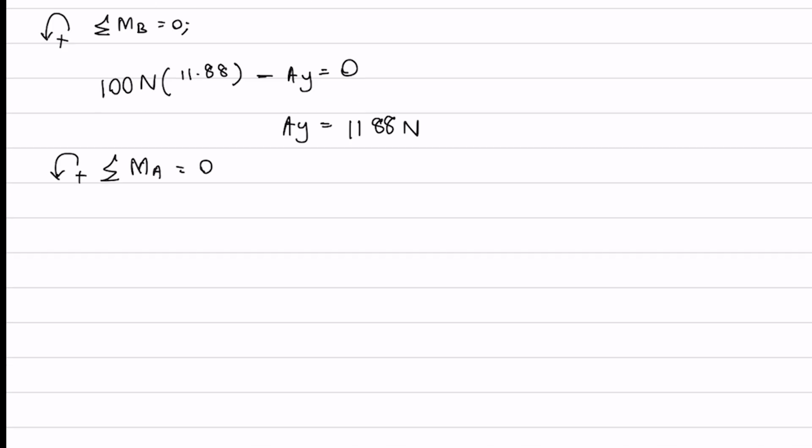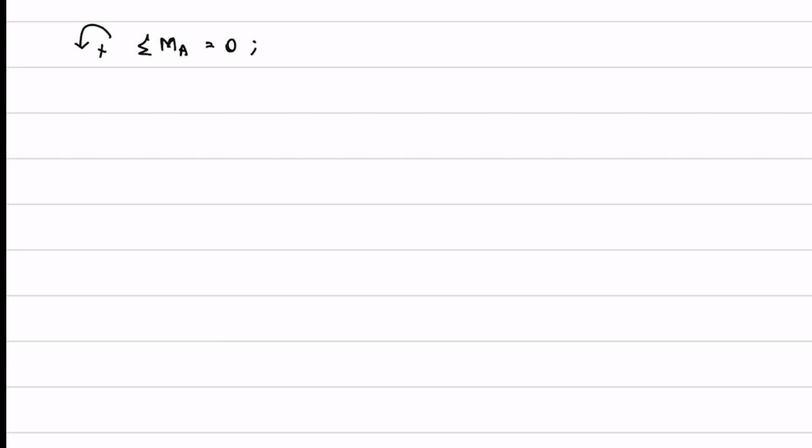100 Newton times 13.76 plus BY equals 0. BY equal minus 1376. So when we define the MA and MB, we can put it in the equation.